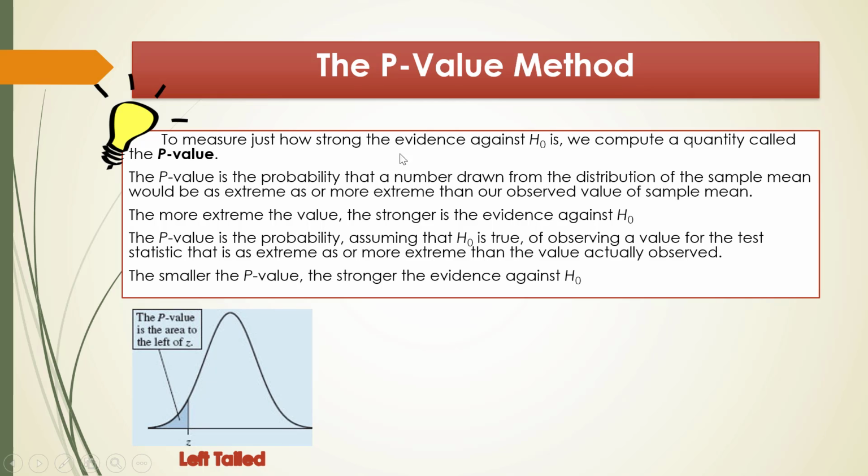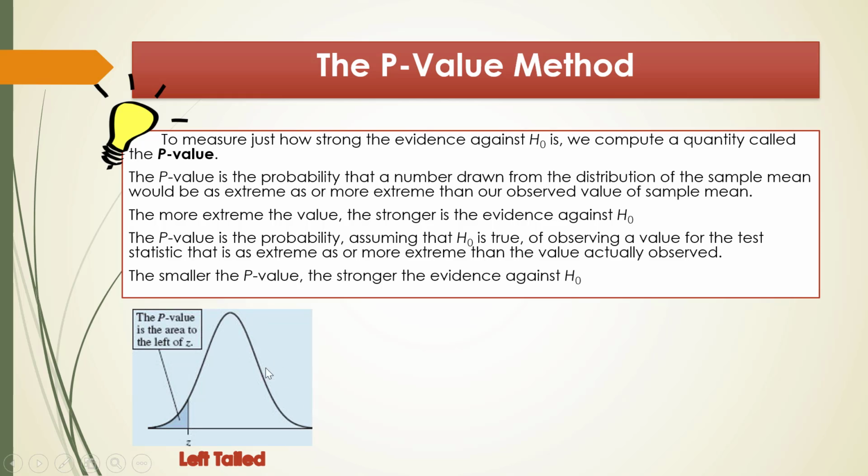So here, if we consider the left tail, this is the test statistic z. Even though the picture looks similar to the critical value method, don't be confused. For the critical value method, the value here is z alpha, minus z alpha. But for the p-value method, we use the test statistic.